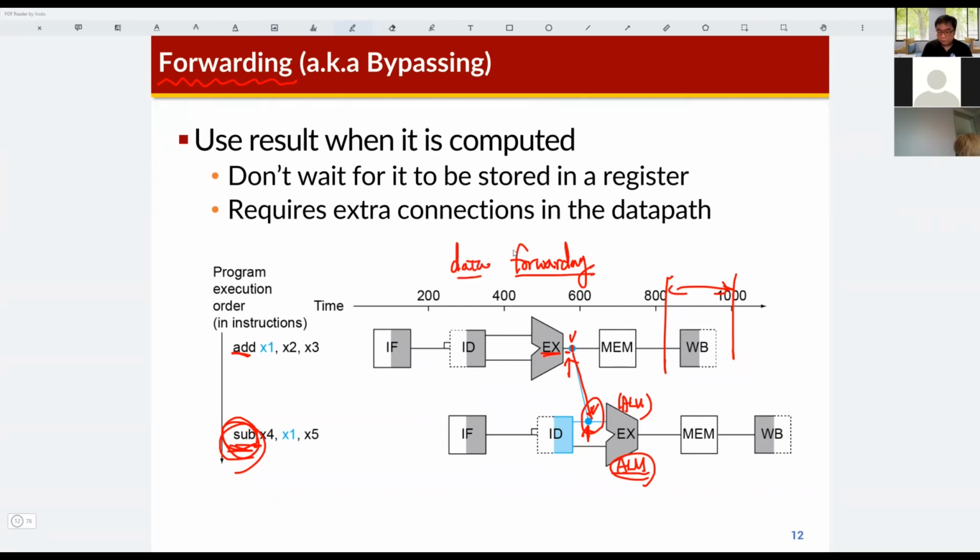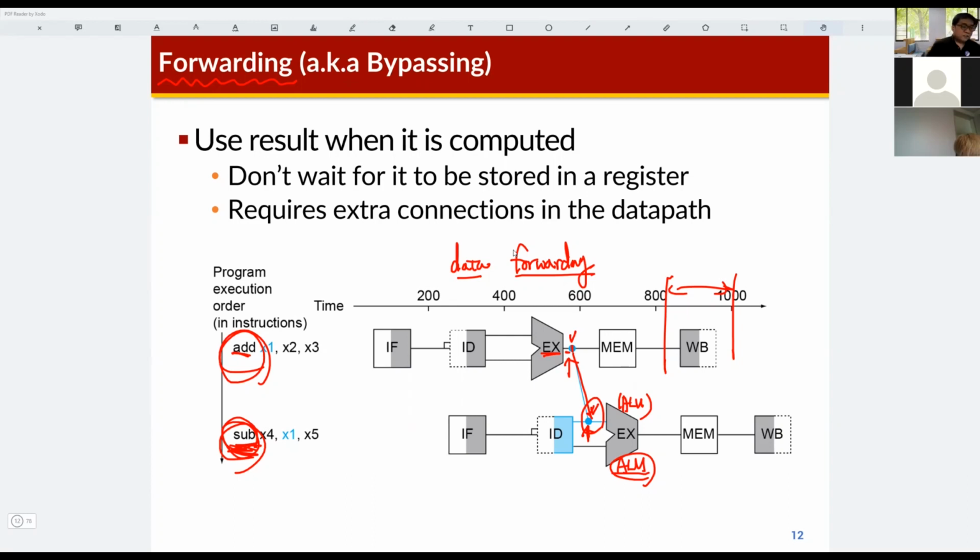When data forwarding is applied, we can avoid the data hazard, because the sub instruction can be executed at the next clock of the add instruction. So with data forwarding, we can avoid the data hazard and increase the performance of the pipeline processor.